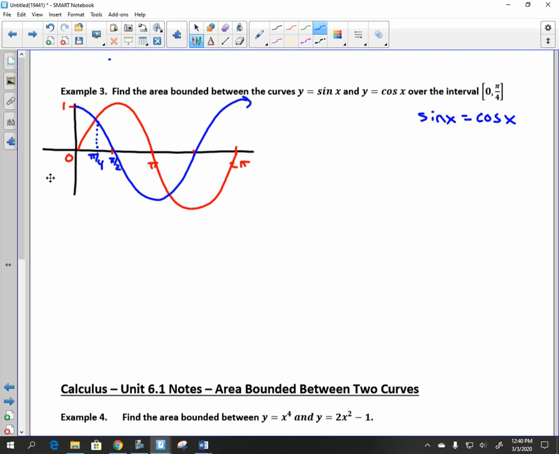And this is what we're doing in college trig right now. There's a little bit of panicking happening.